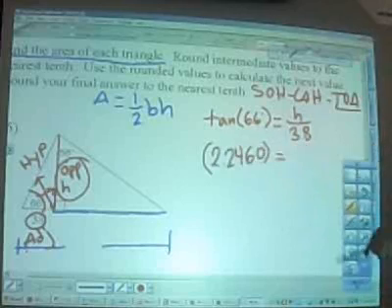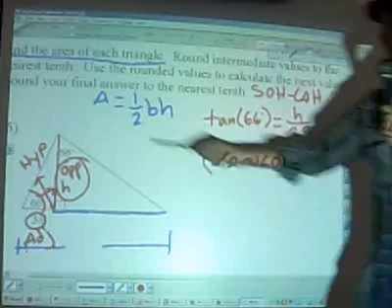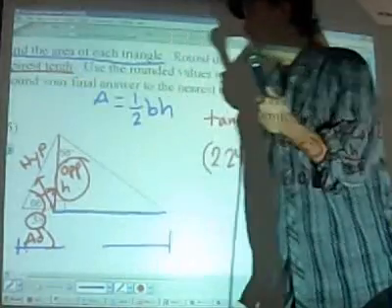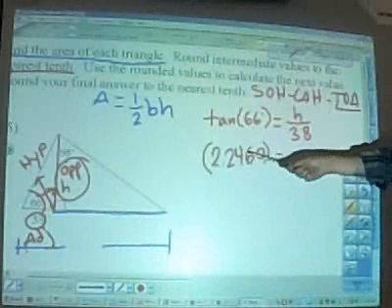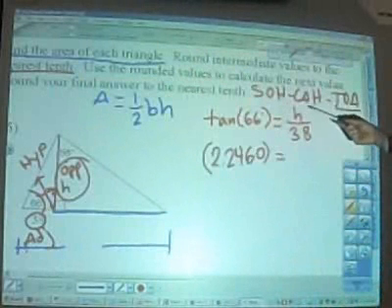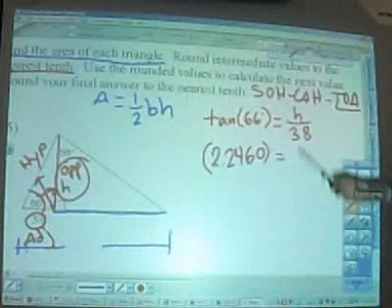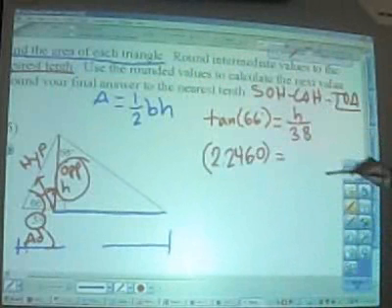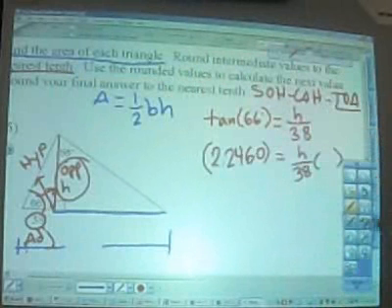So notice that it also says round intermediate values to the nearest tenth, okay? By that, they don't mean this value right here. They mean the value that we get for H at the end, okay? So just go ahead and leave that value nice and long. So this one over here is H over 38. And now you guys should know I'm going to multiply both sides by what's on bottom. In this case, it's 38.